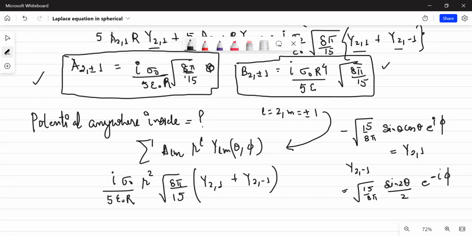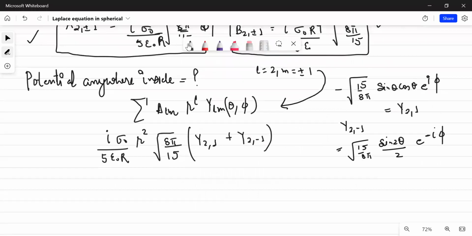So at least I should write it here also. Like I will do that. So what I will do, and this will be like iota sigma naught upon 5 epsilon naught r, and then there is r square, and then this is root over 8 pi upon 15.